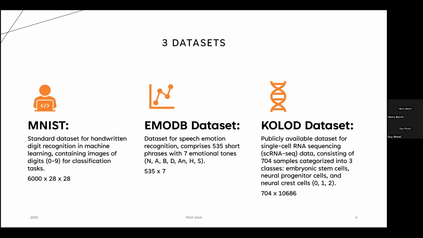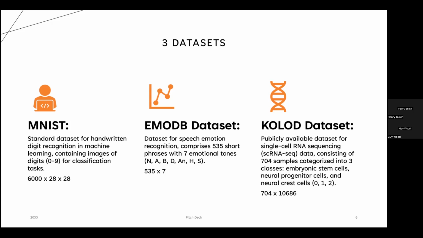The last one is the KOLOD or COLOD dataset. This is a publicly available dataset for single cell RNA sequencing data. It consists of 704 samples, which are categorized into three classes: embryonic stem cells, neural progenitor cells, and neural crest cells. And we classify these as either 0, 1, or 2.